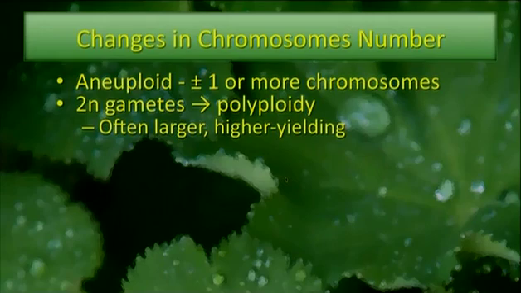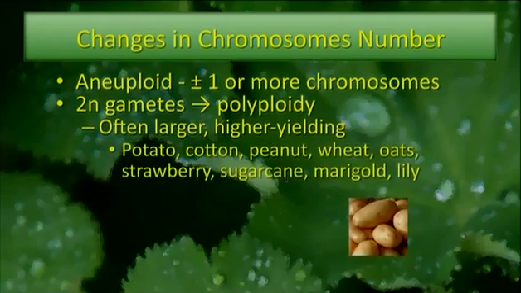Some very famous polyploids include potato, which is a tetraploid, cotton, peanut, and wheat, which are tetraploids and hexaploids, oats, strawberry, which is an octaploid, sugarcane, marigold, and lily. Marigold and lily polyploids tend to have larger flowers than their diploid counterparts.